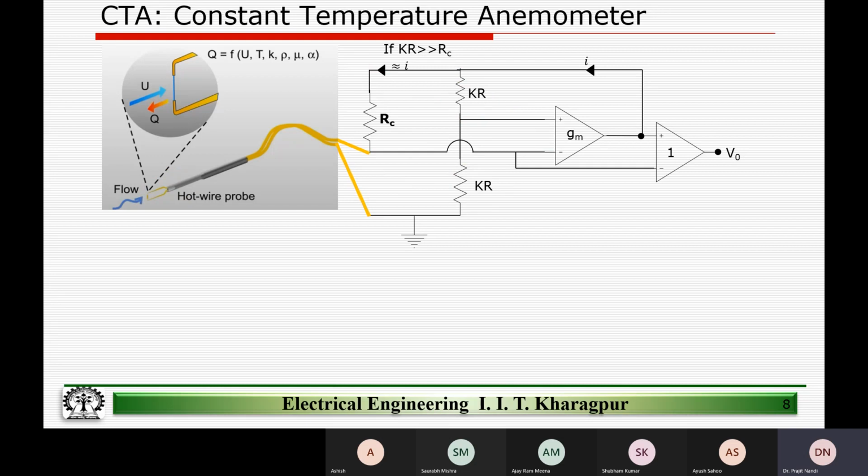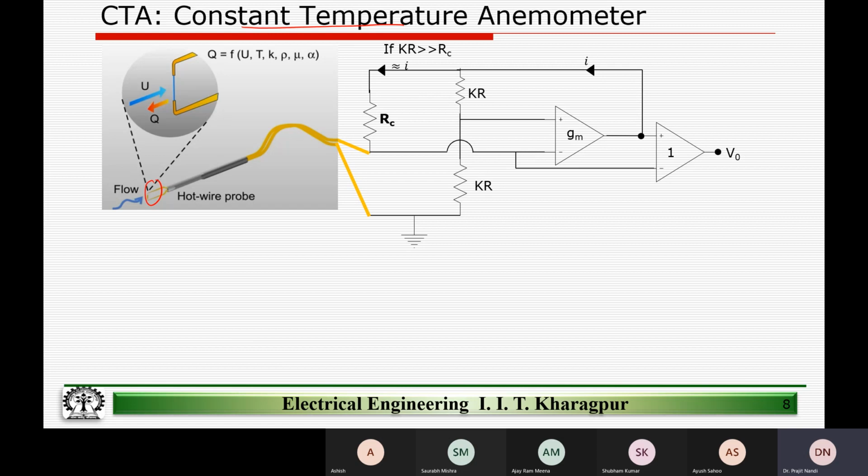And this we are ensuring. Why do we need this? Please understand, we are actually incorporating the feedback. Why is feedback needed? Because we have to change the current flowing in this resistor to ensure that the temperature remains constant. And that is the reason we are calling it a constant temperature anemometer. We want the temperature to be constant.